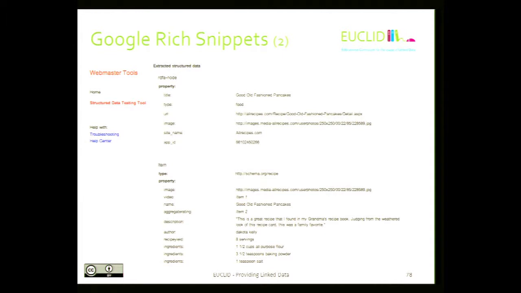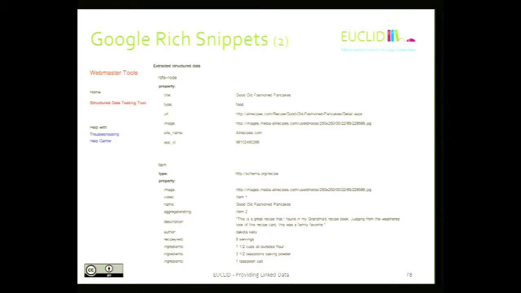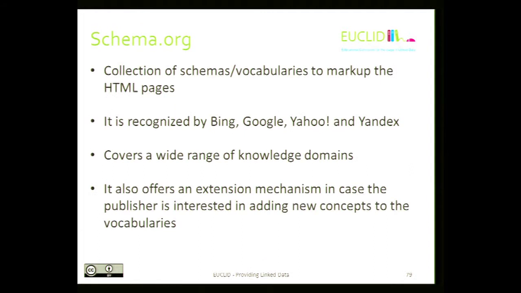Now, rather than cherry-picking vocabularies like this and being dependent on community maintenance of those vocabularies, what Google did next, in combination with Microsoft and Yahoo, was to say, we're going to publish for you a vocabulary which we'll be looking for. So we'll give you canonical but high-level terms for the kind of things that we're interested in and want to represent. And that vocabulary is called schema.org.